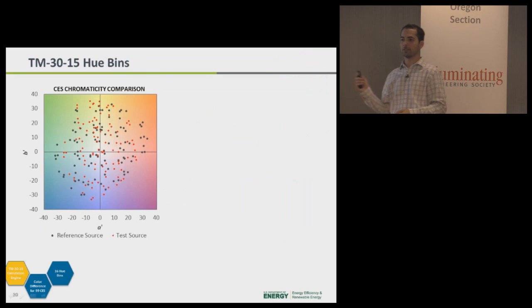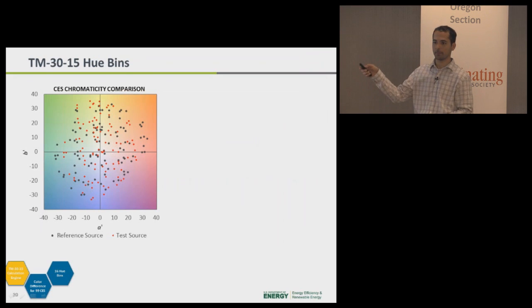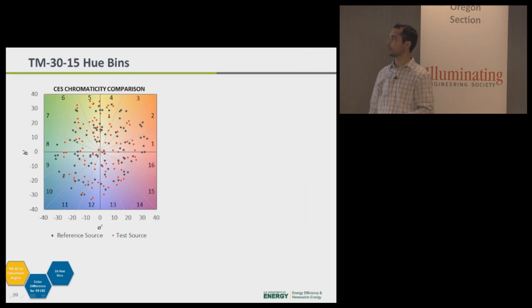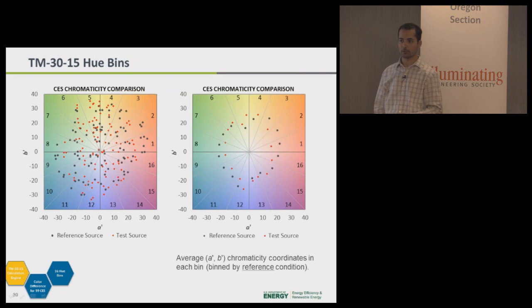Okay, this gets now to the hue bins, the question. So if we take that plot, we slice it up into 16 slices of pie. What we can do with that then is calculate the average chromaticity in each. So you see 16 bins, average chromaticity in each.